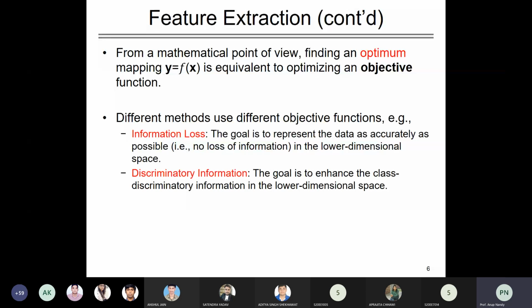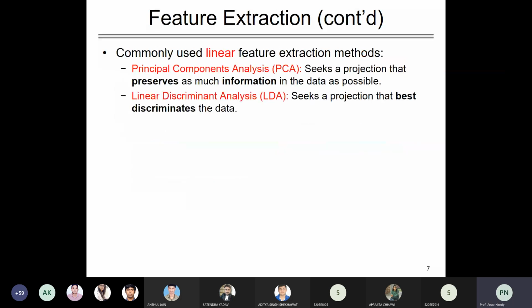In the lower dimensional space, you have to see how much the information you have is likely to discriminate between those two classes. That is the class discriminating information.